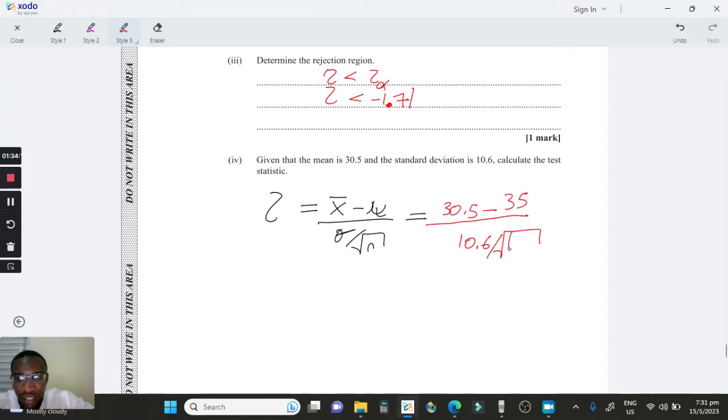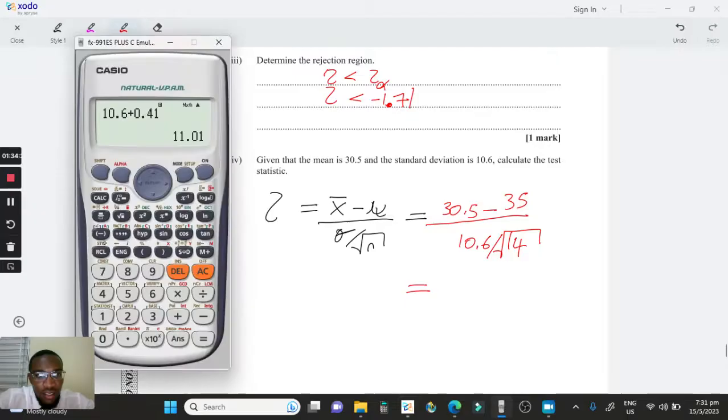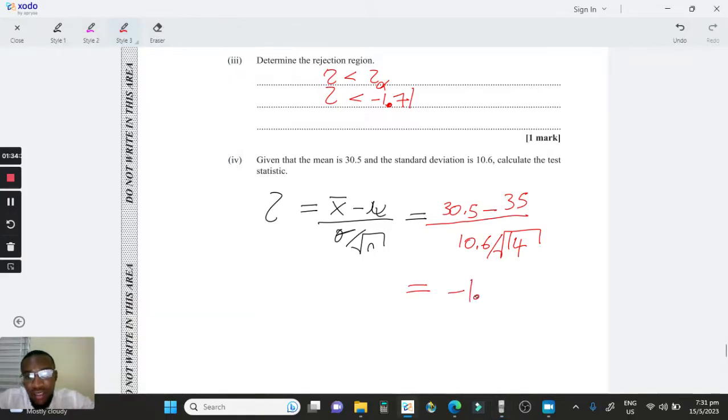Pump that into the calculator using the fraction button: 30.5 minus 35 divided by fraction 10.6 over the square root of 14, which is negative 1.58. Negative 1.58 is our test statistic.